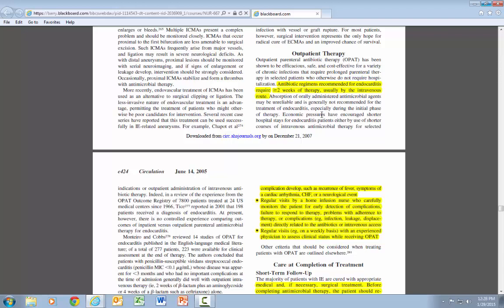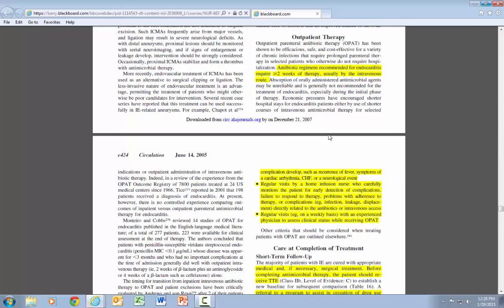So after the patient has been 1 week or 2 weeks in the hospital, the patient could be sent home with home therapy, continuing antimicrobial therapy intravenously through the PICC line. The problem is that patients could develop complications with this, such as arrhythmias, recurrent fever, CHF, and neurological events.